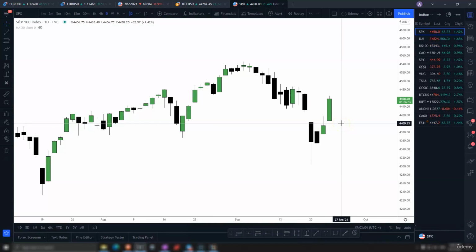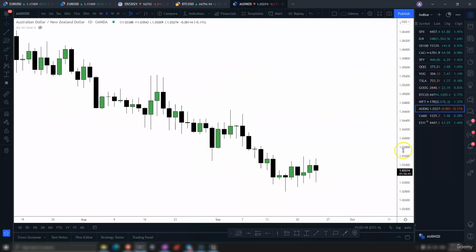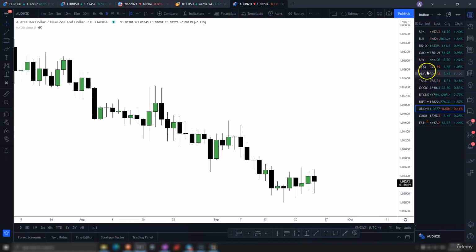And you'll see that other assets have different measures depending on how you can buy them and what they represent. If you go, for example, on Forex, you will see that in here we have Australian dollar versus New Zealand dollar. So this means that 1 Australian dollar equals 1.03 New Zealand dollars.